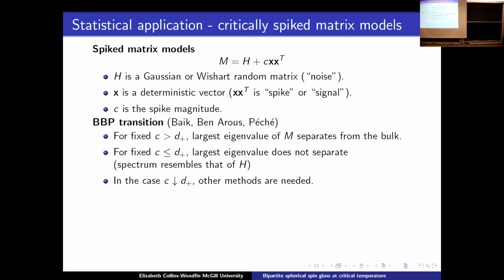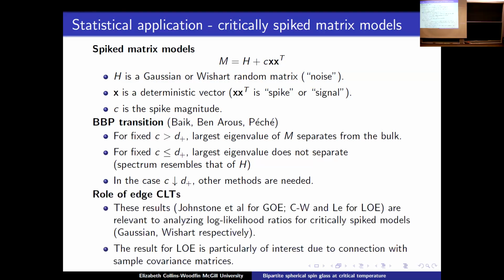This makes it relatively easier to detect the presence of this spike because you have this one eigenvalue that's separating. But if C is below that threshold, then that doesn't happen. And sometimes you can still recover, figure out that this spike is there, but it requires some more intricate methods.